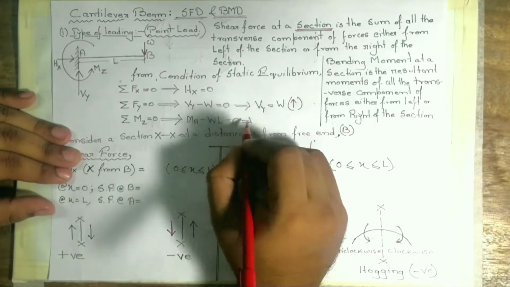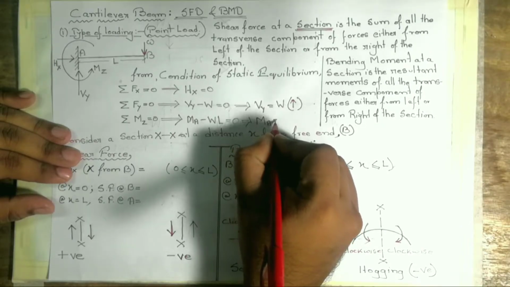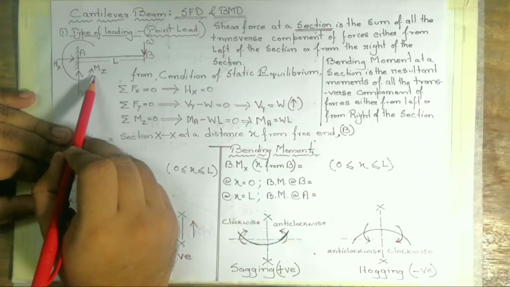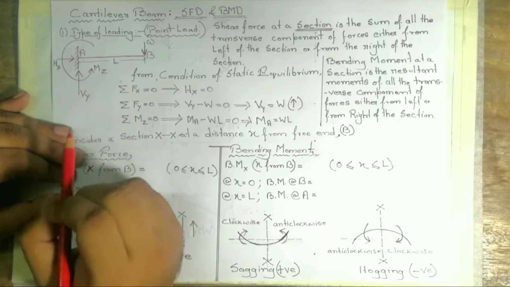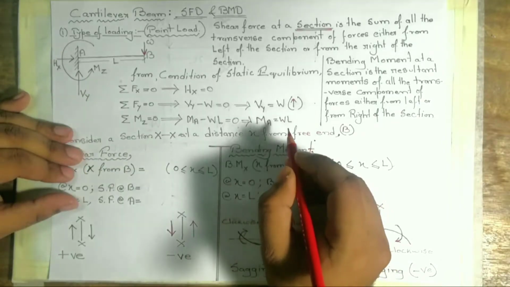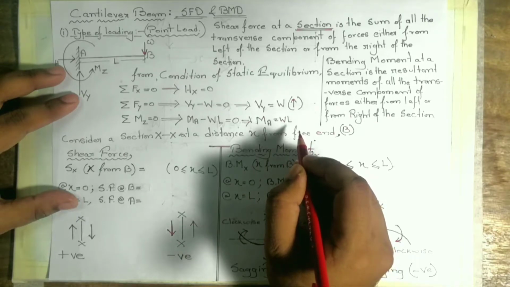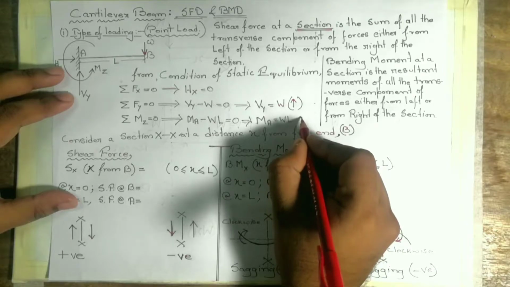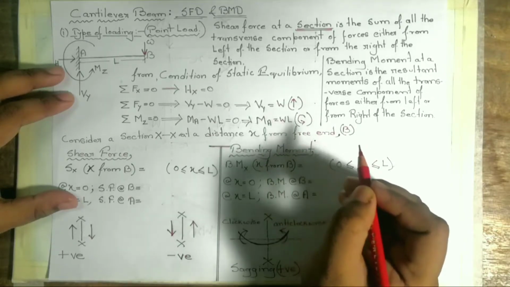So, after equating, we get that moment about point A will be WL. We have assumed that the moment is acting in the anti-clockwise direction, and we get the value to be positive. So I can say that our assumed direction is correct. So it will be anti-clockwise.